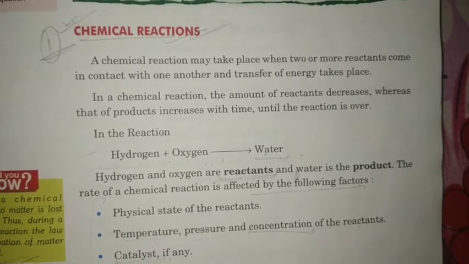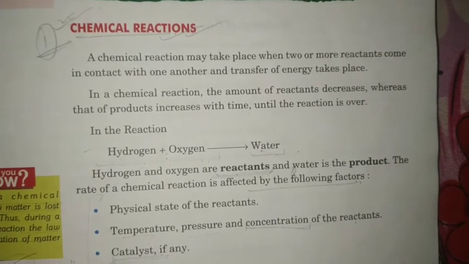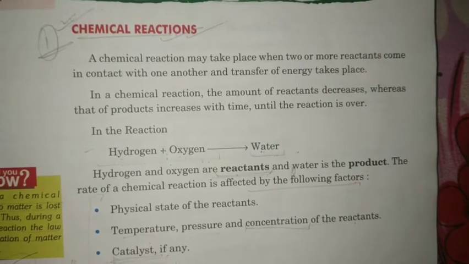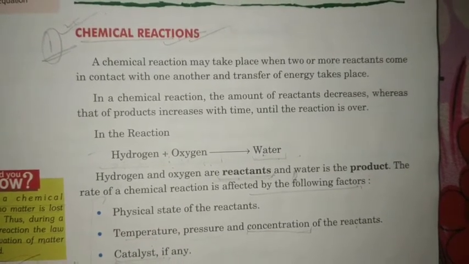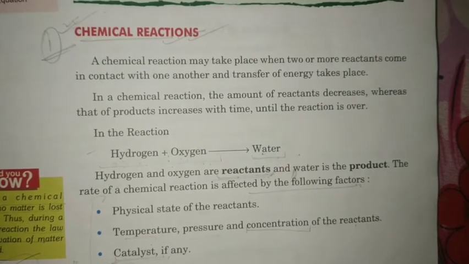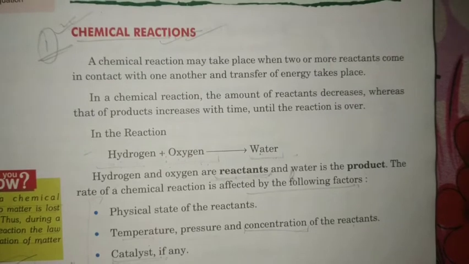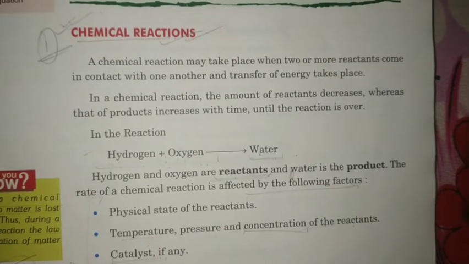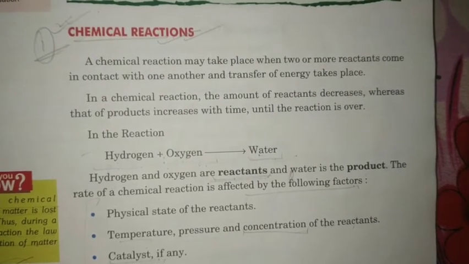So in this reaction, hydrogen plus oxygen gives water, hydrogen and oxygen are reactants and water is your product. The amount of hydrogen and oxygen decreases with time, whereas the product, that is the formation of water, increases with time until the reaction is over.